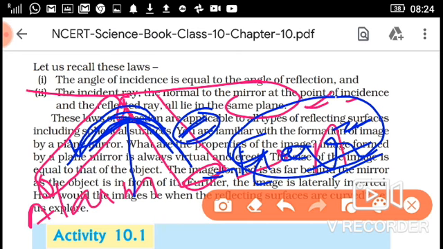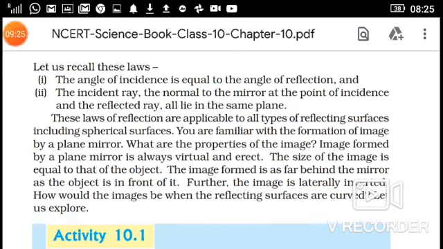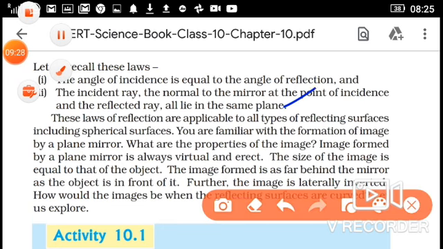So if you lift one of the chart papers, you will not hear the sound clearly. So they should be in a plane. Similarly, the incident ray, reflected ray and normal should all lie in the same plane. Okay, these are both the laws I explained.